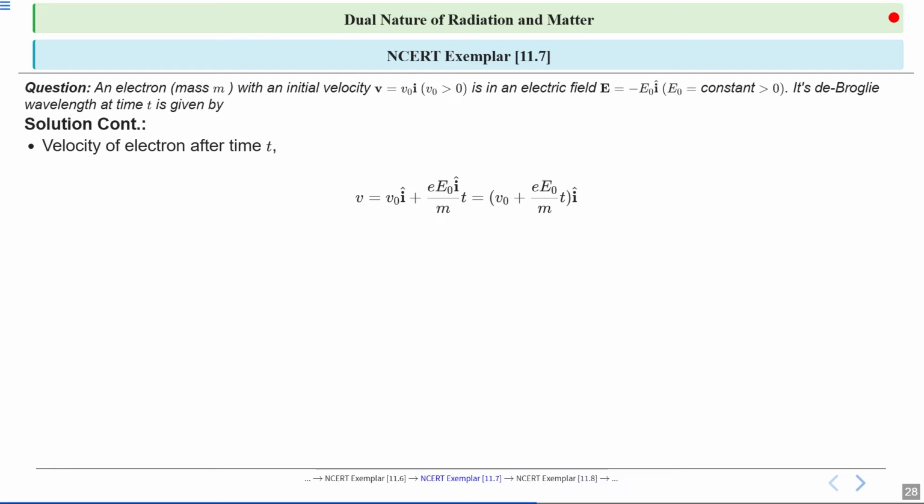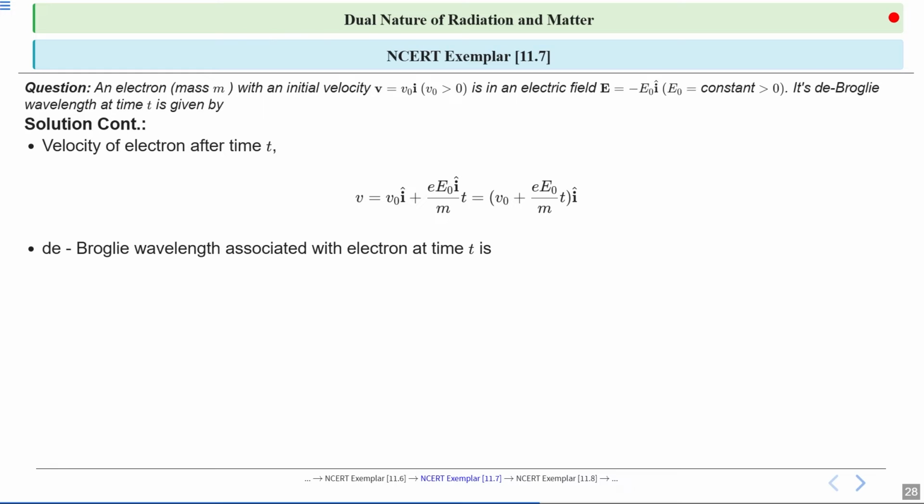So the expression for the electron's velocity at time t is v equal to v naught i cap plus e capital E naught upon m i cap t, which is equal to v naught plus e capital E naught upon m t, with the direction i cap taken common. Here E naught is the electric field strength, m is the electron's mass, t is the time, and v naught is the initial velocity.